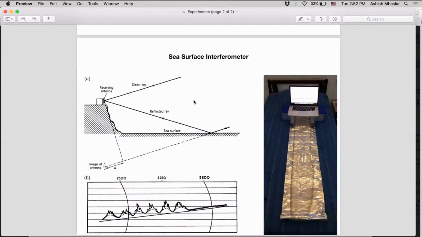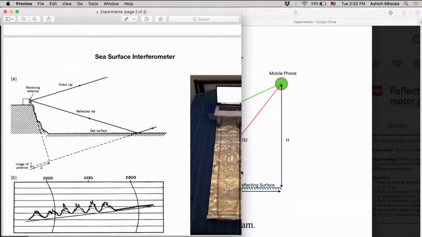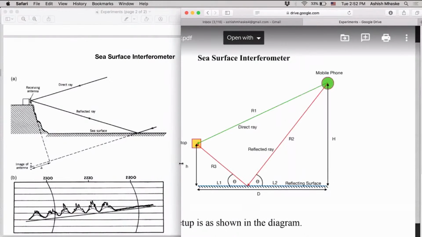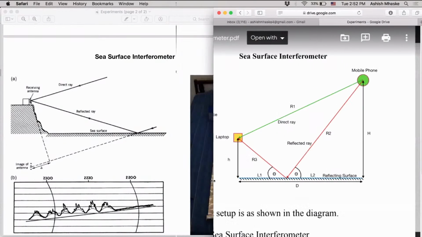The second is you can imagine the receiving antenna or the radiating antenna, in this particular case, with reflection about the mirror.